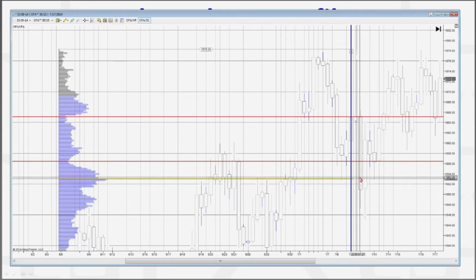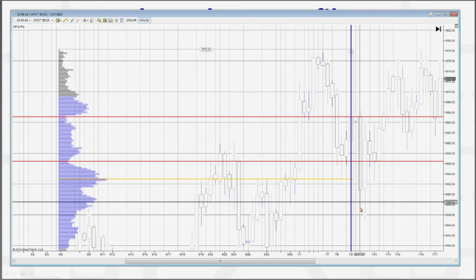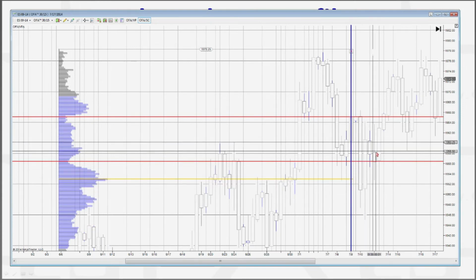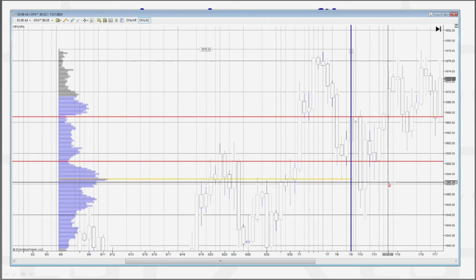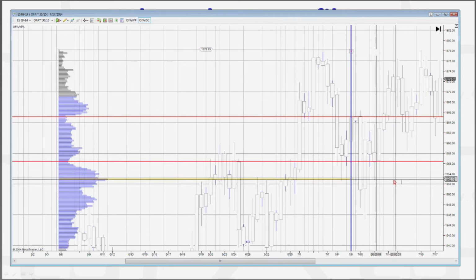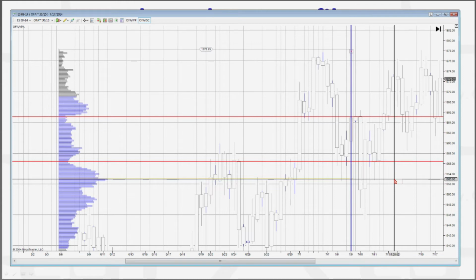It had already rotated down, which is exactly what I expect. I expect rotation through a high volume area, back up through it, comes back down to it, right at this level, and bounces off it with responsive buying, right up through that low volume area. And what's happening in the auction here is when sellers don't have enough conviction to push price through what they have considered to be fair price, then look out above.